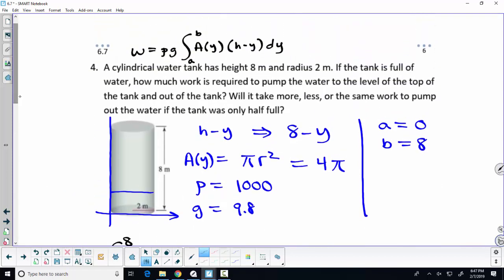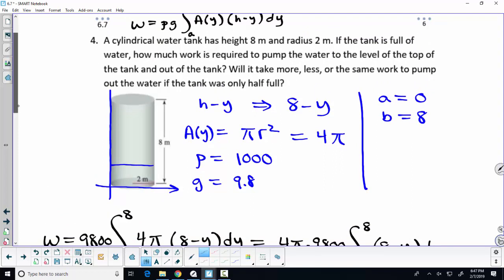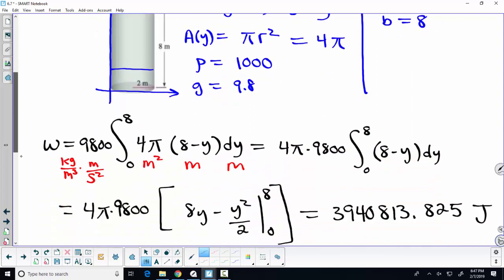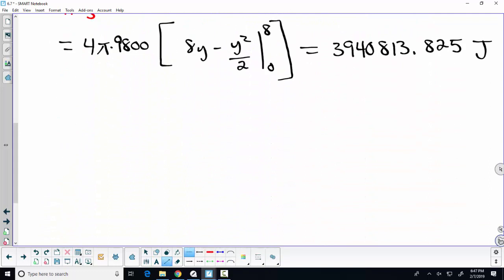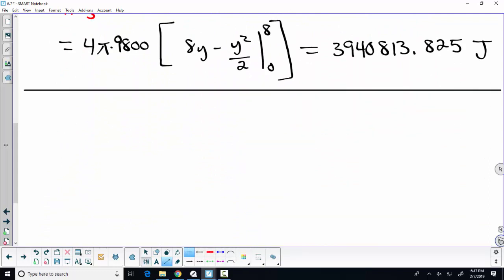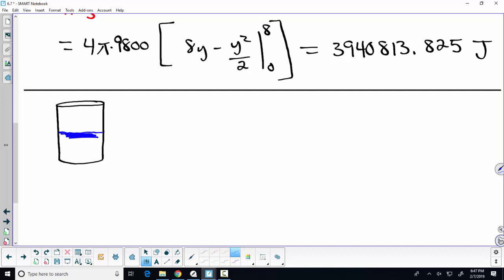Yeah, so to pump water out of the tank, if the tank is only half full, right? So if the tank is half full, then this is the water we're pumping out.